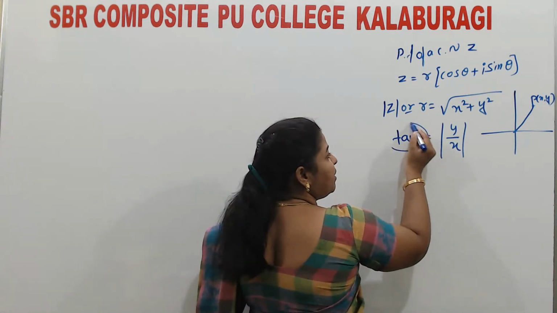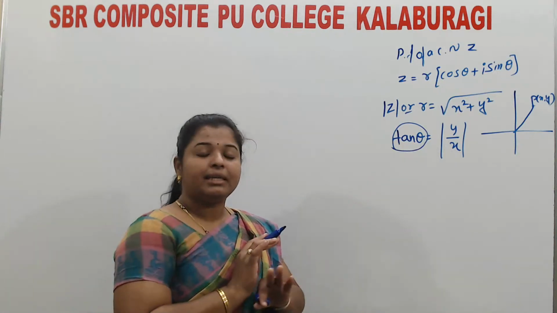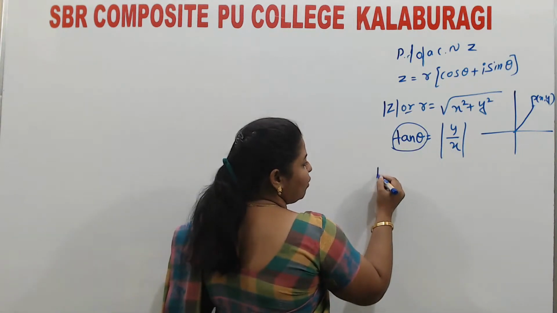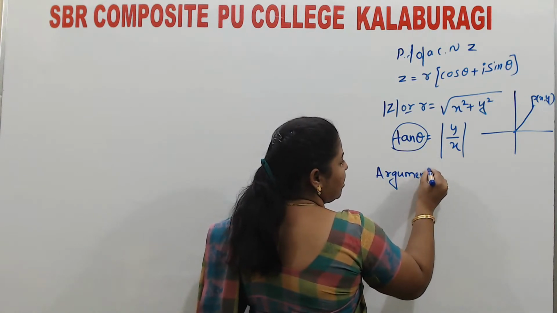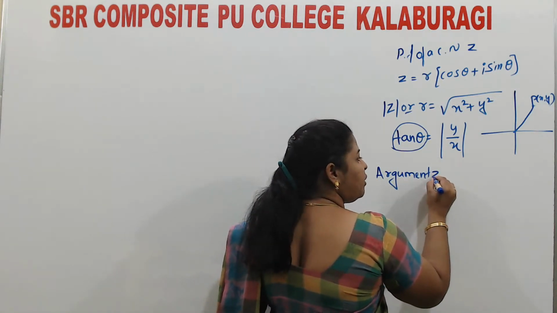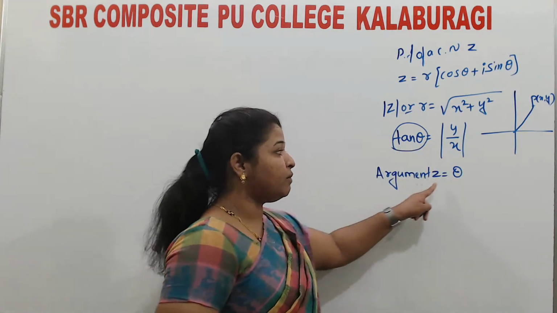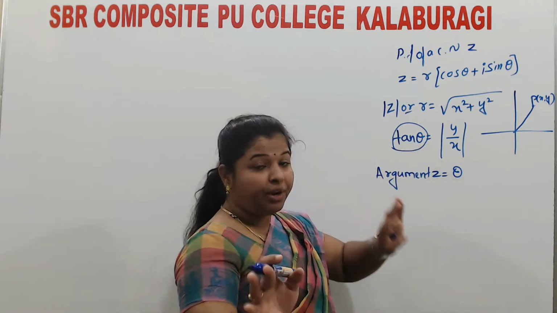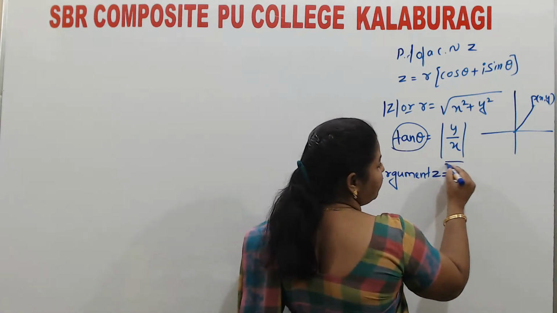Here we have to remember one thing. Tan theta is not an argument. Here theta only we call argument. Argument of z is theta only, not tan theta. For finding the theta value, we are using this form because you don't know the tan inverse form, right?